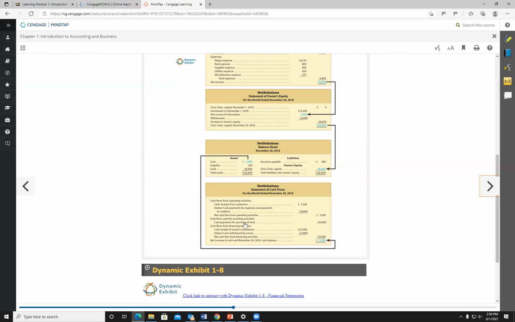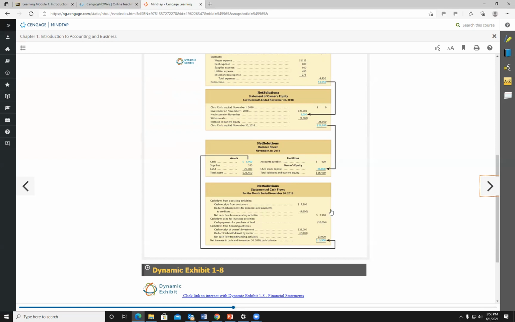And then it shows here that we had an outflow of cash for investing because we purchased land for $20,000. Okay, and then financing activities. Well, we do know that Chris initially invested $25,000 of owner's investment, but he also withdrew $2,000.